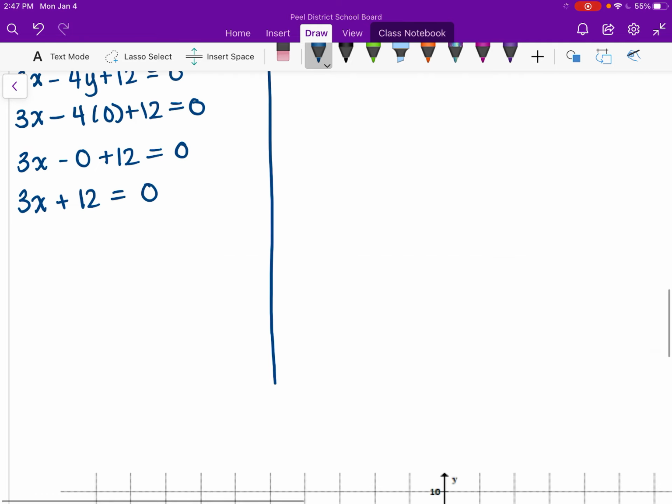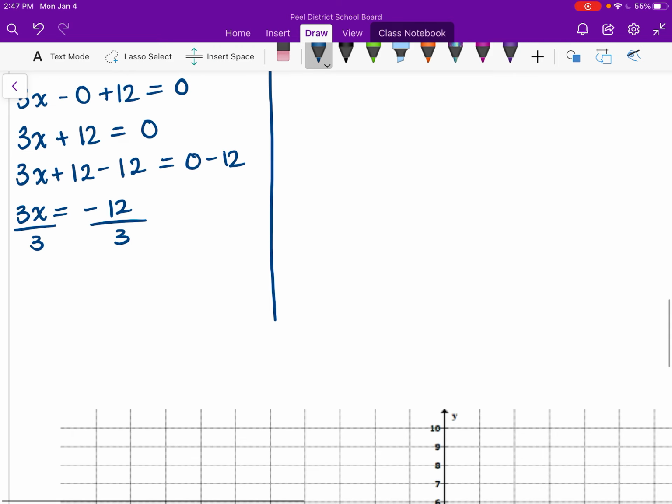I want to get rid of that 12 so I can get 3x by itself. So to get rid of the 12, I got to subtract 12 on both sides. 3x equals negative 12, divided by 3, divided by 3. X equals negative 12 divided by 3, which is just going to be negative 4. So I know that my x-intercept coordinates are negative 4 and 0.